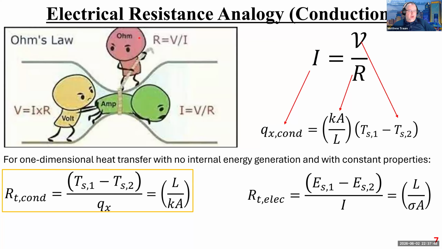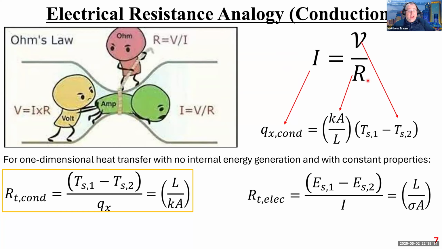And then there's this red person representing resistance, and that resistance is trying to stop the current from flowing, where the voltage is trying to entice the current to flow. So there's a relationship between these three: voltage, current, and resistance, which is embodied by this equation: current is equal to voltage divided by resistance.